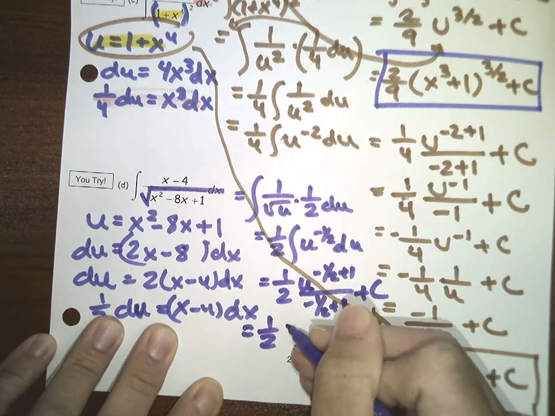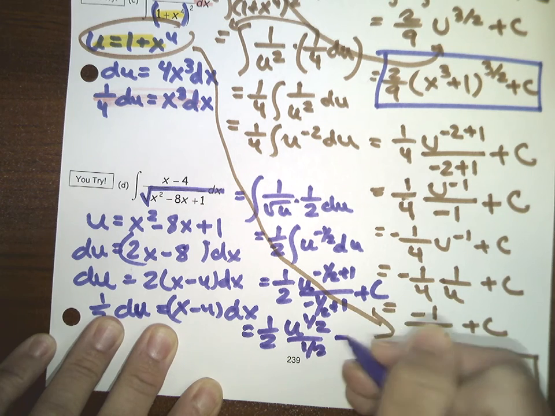So you have 1/2 u to the 1/2 over 1/2 plus c.